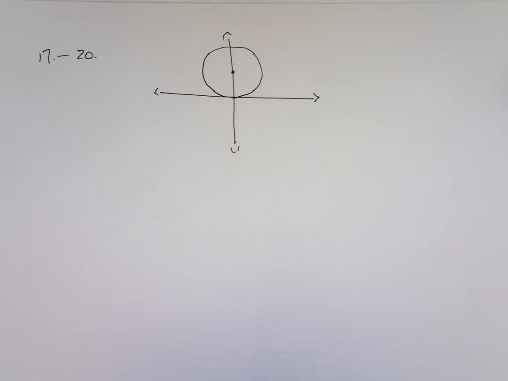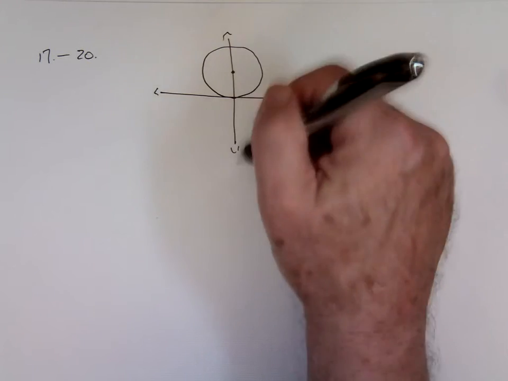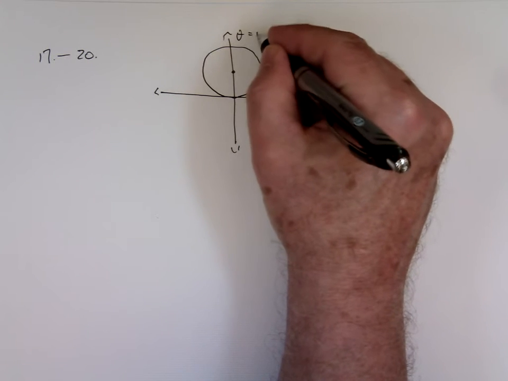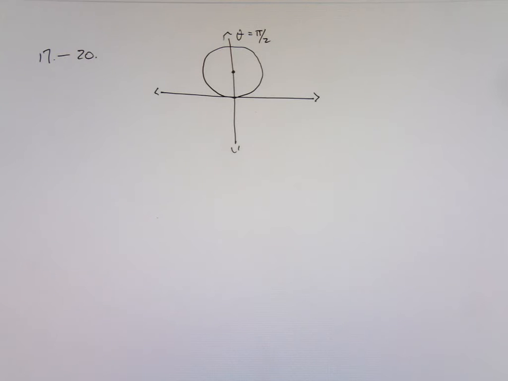Or a rose of a single petal, if you will, because it could be considered that way. Symmetry: theta equals pi over 2, the y-axis. Typical with sine functions, polar equations with sines. Sine is an odd function. You get symmetry with respect to theta equals pi over 2. What graph is it? It's a circle.